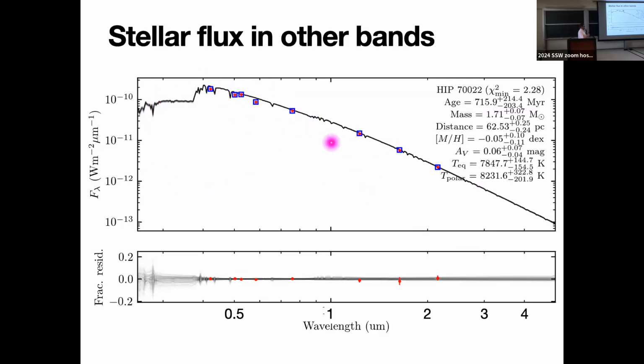And then the underlying curve is the best fit from our joint atmospheric and evolutionary model grid. And what we can do is we can just ask the question, okay, what would the flux be in the L and the M band down here? Or what would the flux be over a range at a given arbitrary resolution? So I could do either a low resolution, maybe R of 100, or even R of 100,000 if I wanted to. Just depends on how high resolution your spectral grid is.